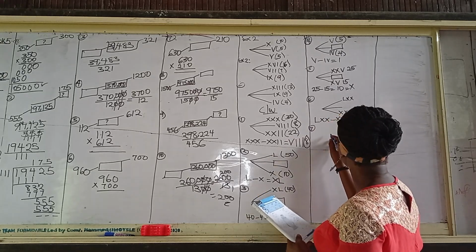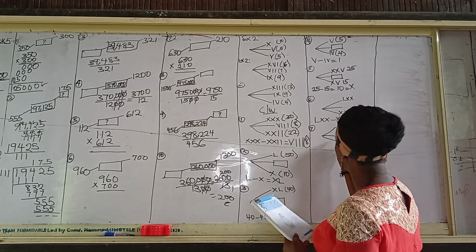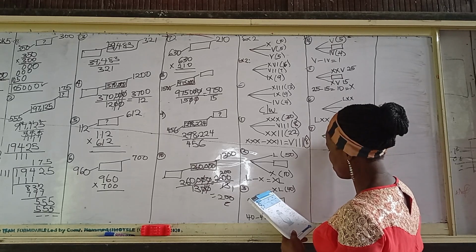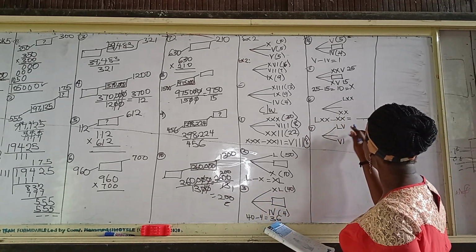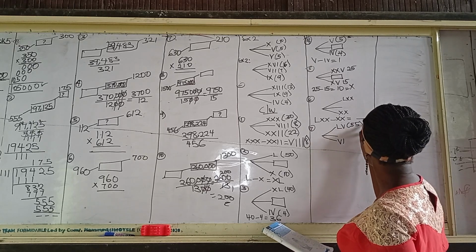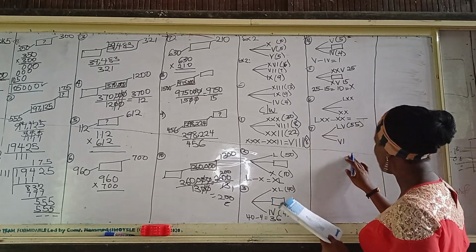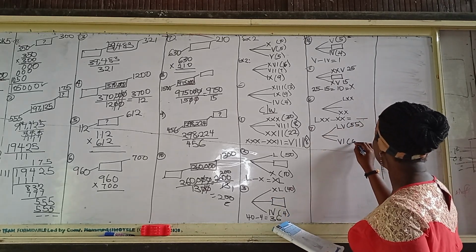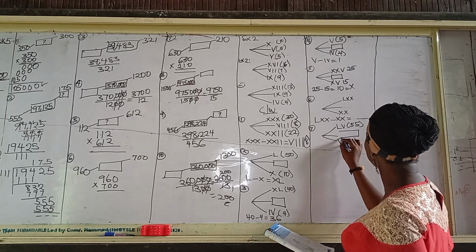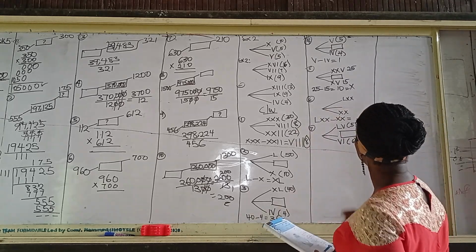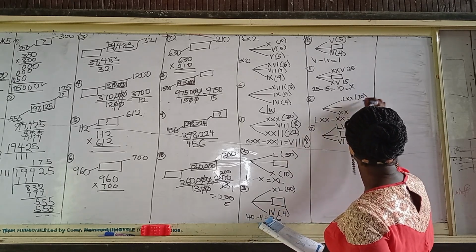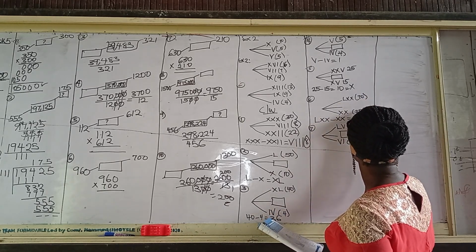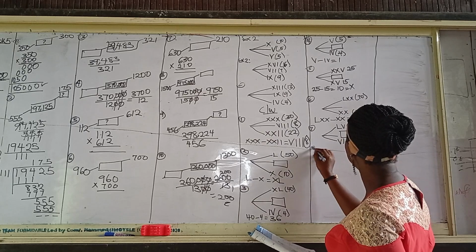Number 7, we have LV and VI. LV is 50, that's 55. Then we have our VI, 56. That is 6. And you are told to look for this. So this one here is 70 minus 20. So get the answer and put it there.